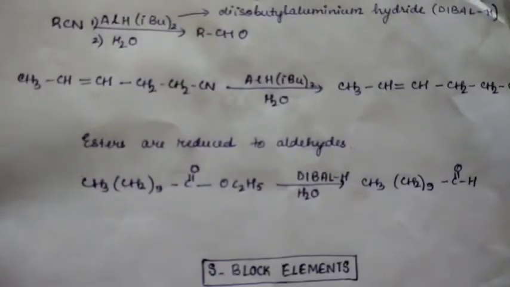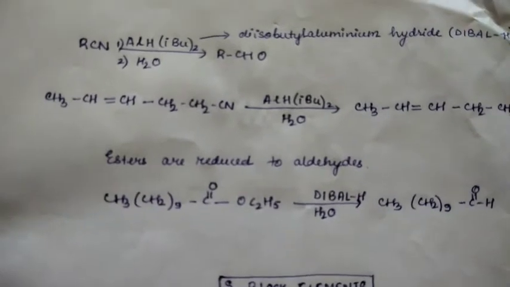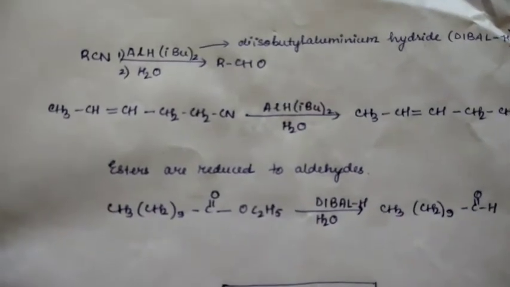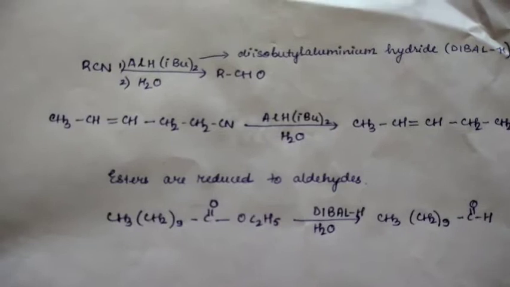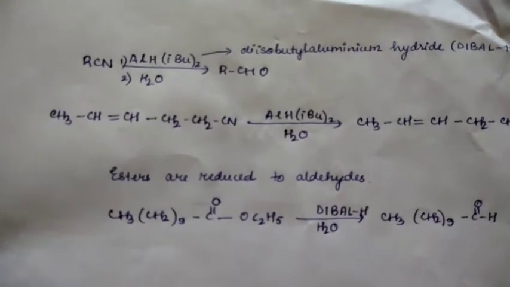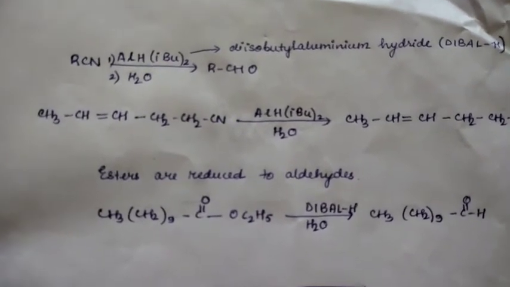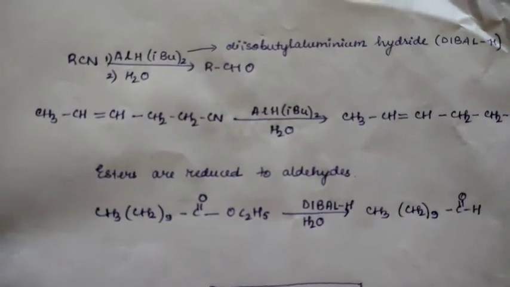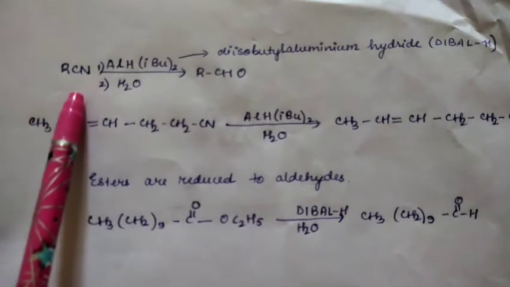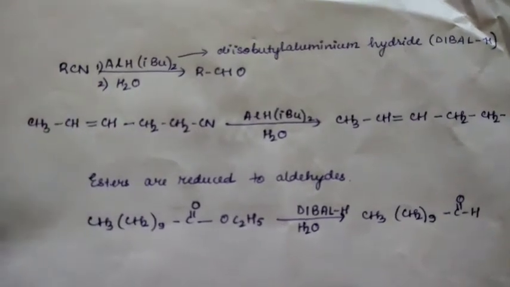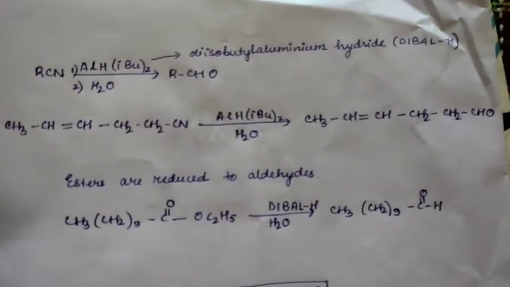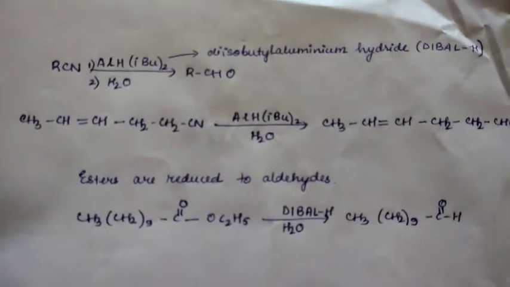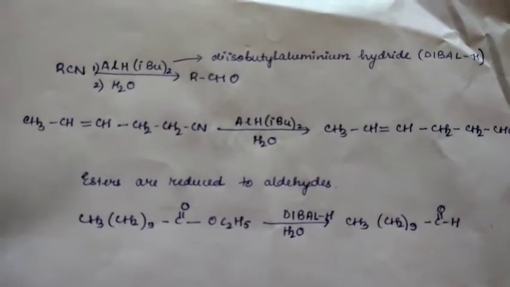In order to move to the next reaction, you have to remember one thing: when we are preparing aldehyde from nitrile, the active site is C≡N and other things stay the same, whether a double bond is present or any other group is present. When we use a nitrile and any reagent or catalyst, only CN is changed to CHO.